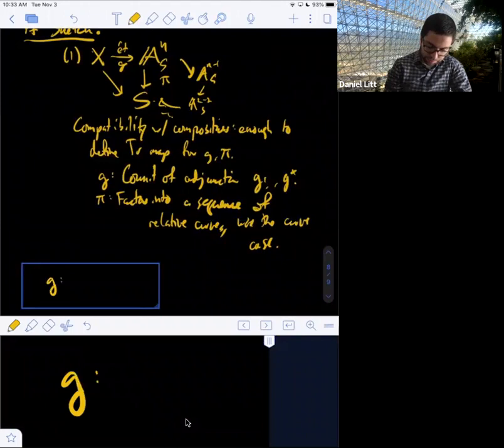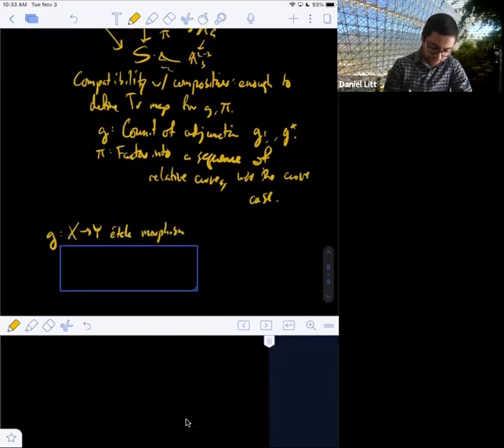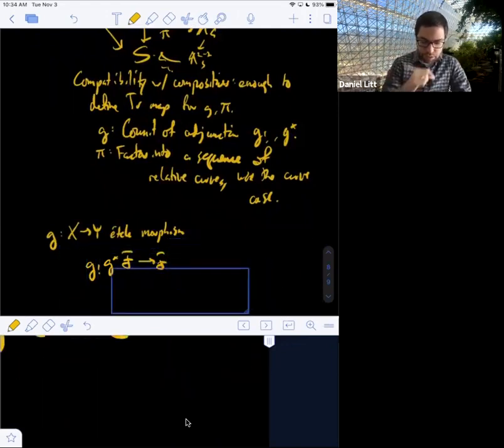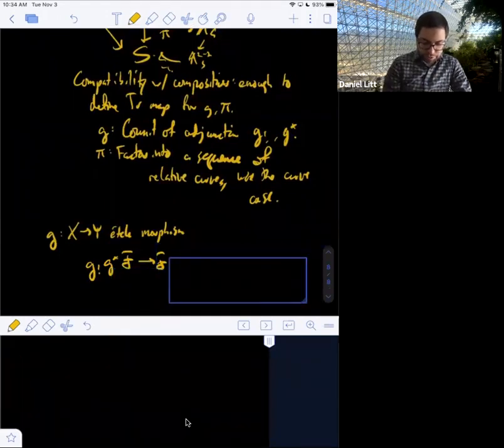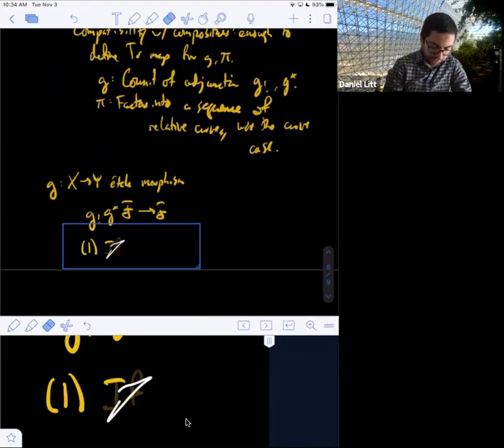So here G from X to Y is an Etale morphism. So the claim is that there's a map from G lower shriek of G upper star F to F, a natural map. So can anyone tell me what it is? Yeah, so there's two possibilities. So here we need to define this.